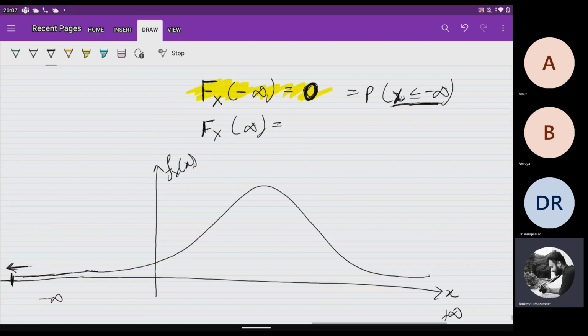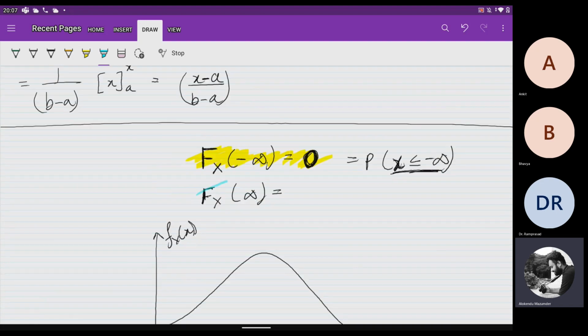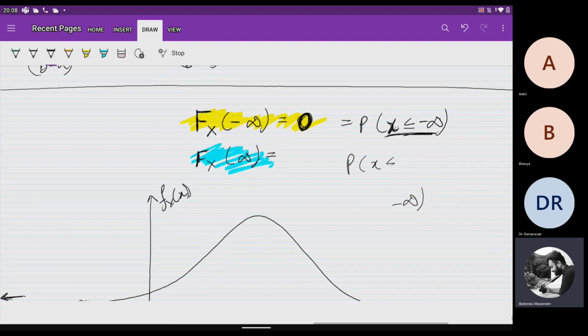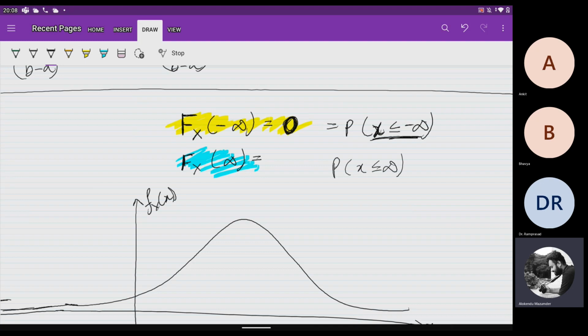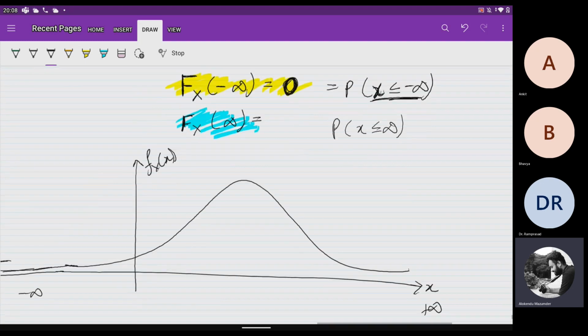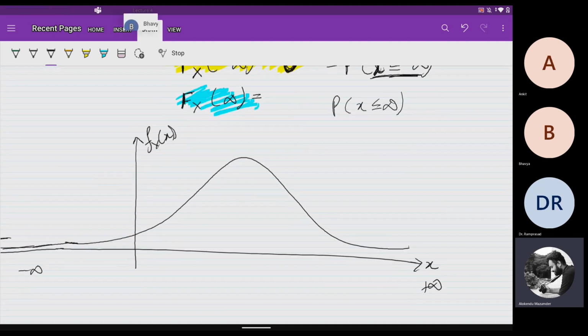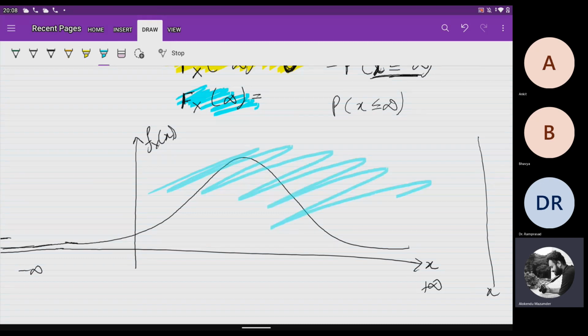But Fx of infinity is the probability of x less than or equal to infinity. It means you take some point x at infinity and then compute the area behind that point.